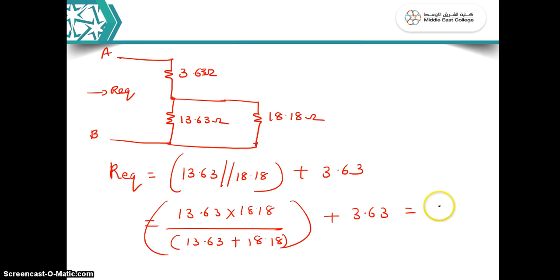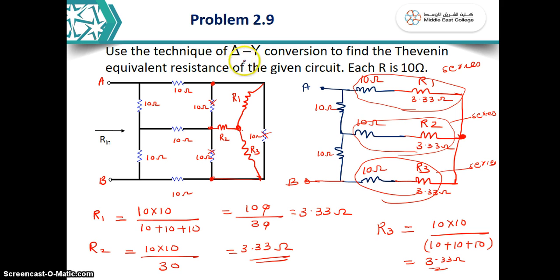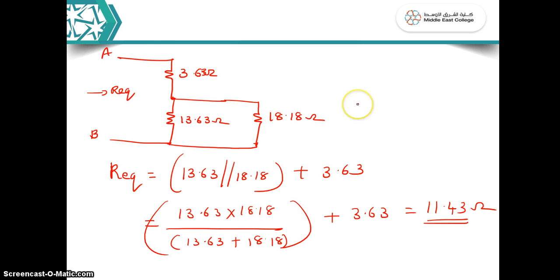We'll be getting it as 11.43 ohm. So that is the R equivalent of this resistance, and we have only used delta to Y conversion. So only by using delta to Y conversion we have done it, and we are getting R equivalent as 11.43.